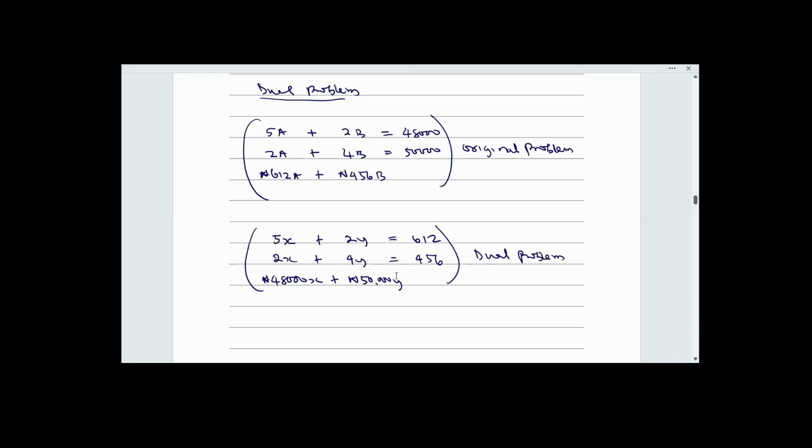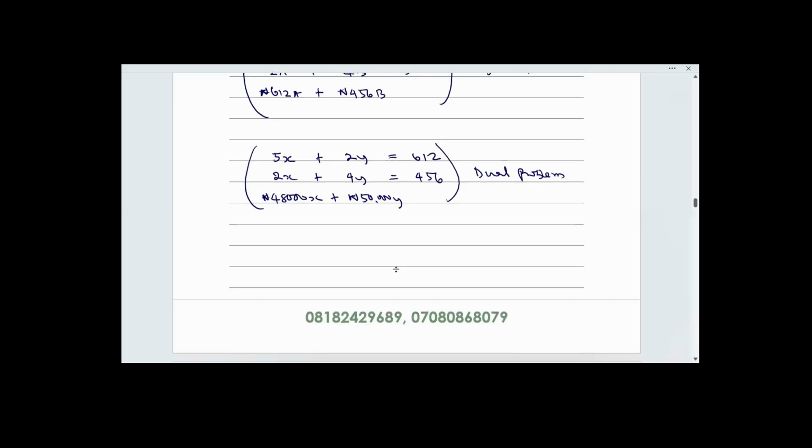Then step 3, solve the dual simultaneously. So I will say 5x plus 2y equal to 612, equation 1. 2x plus 4y equal to 456, equation 2.